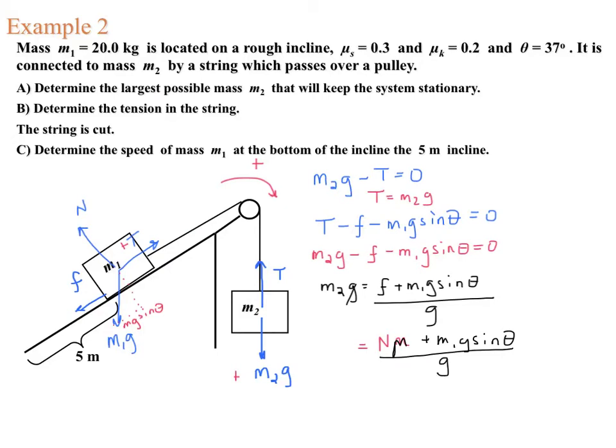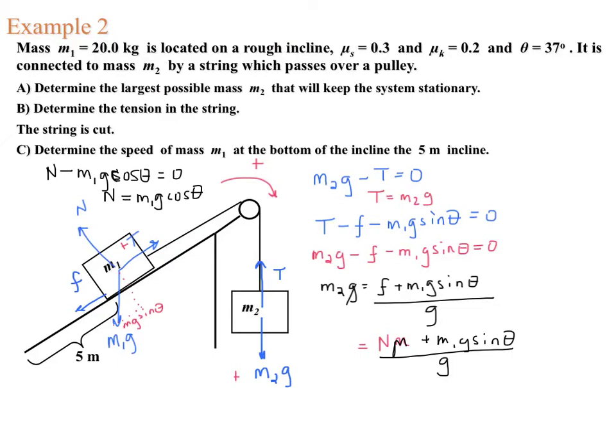Now again, I want to put it in terms of things that I know. The only thing I don't know here is my normal force. But if I go back to my free body diagram, I can see that my normal force is upward, downward is my m1g cosine theta, is equal to 0. So my normal force is actually equal to m1g cosine theta.